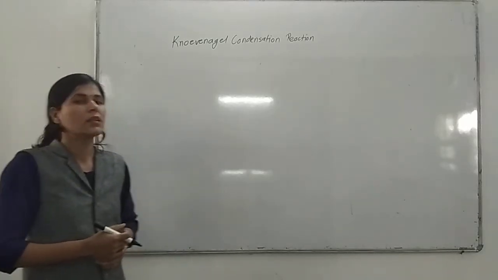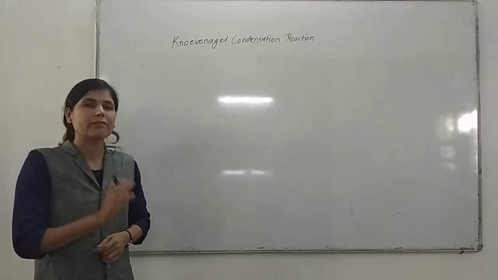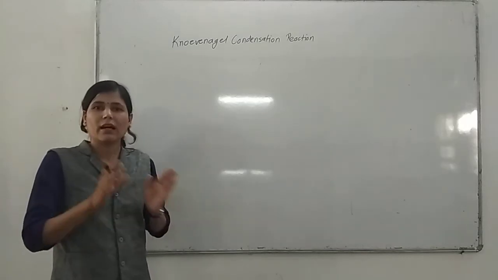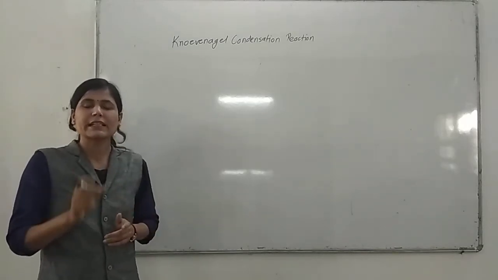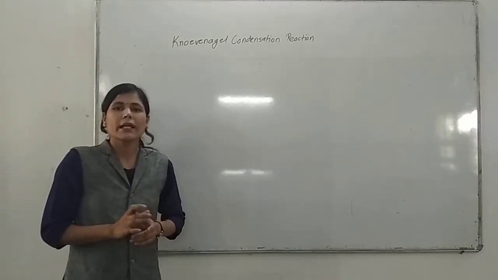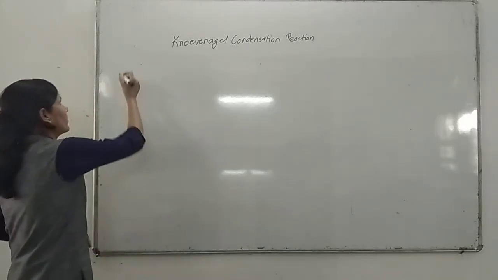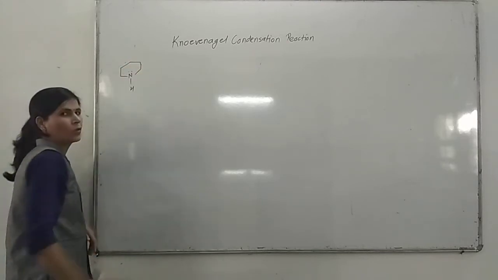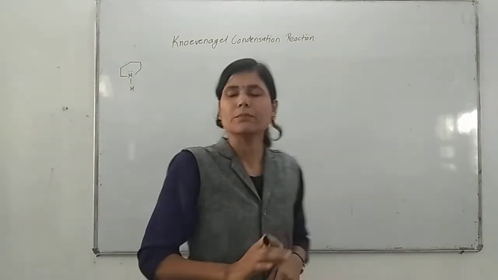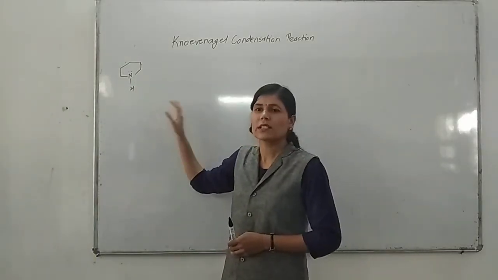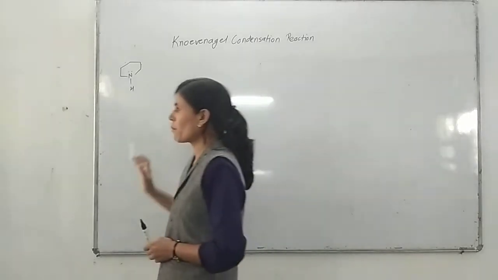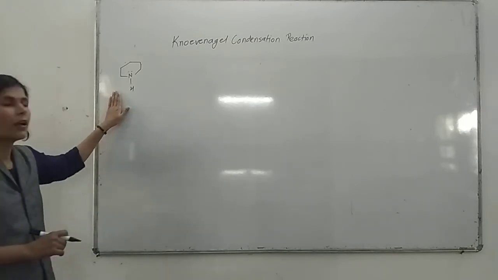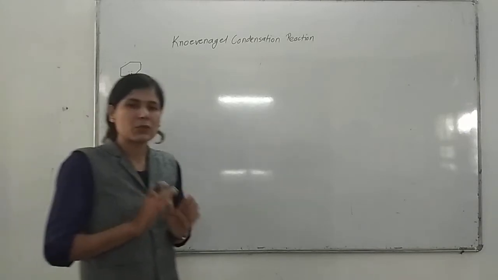Now we have seen the active methylene compounds. When aldehydes or ketones are treated with active methylene compounds such as malonic ester in the presence of a base like piperidine, or we can take a secondary amine also, it gives an alpha beta unsaturated compound.